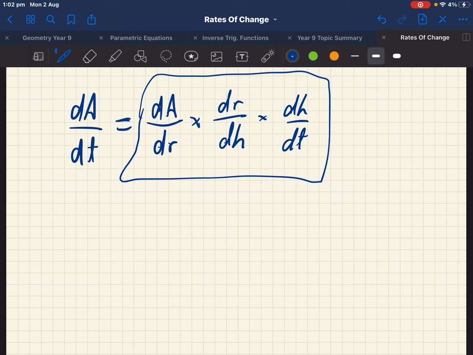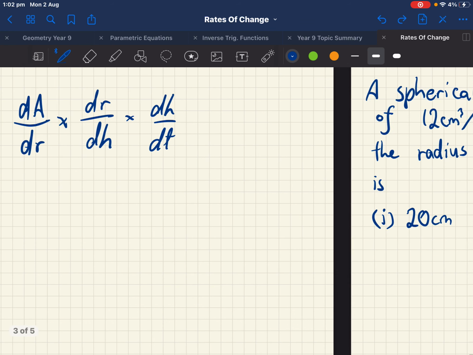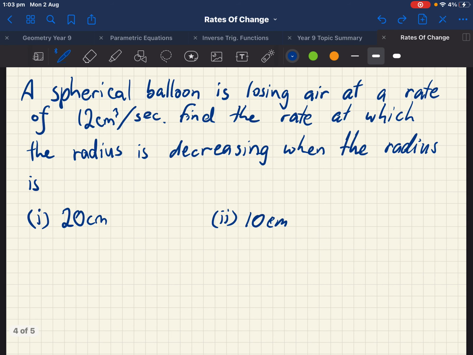Do you see how the dRs would cancel top and bottom? The dHs cancel top and bottom, just leaving you with dA/dt. By doing it in this way, this is what they call the chain rule. And we're actually going to need the chain rule for all of these rates of change questions. All right, let's have a look at our next example.